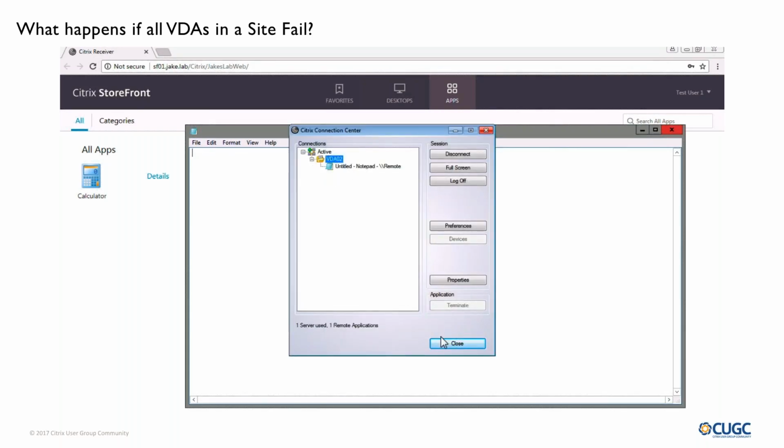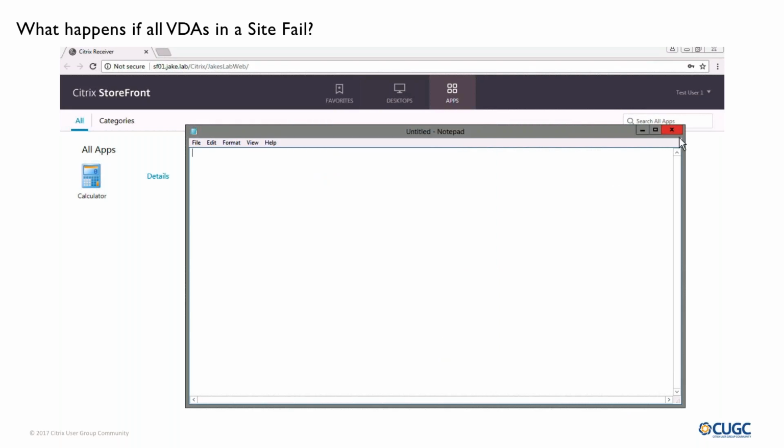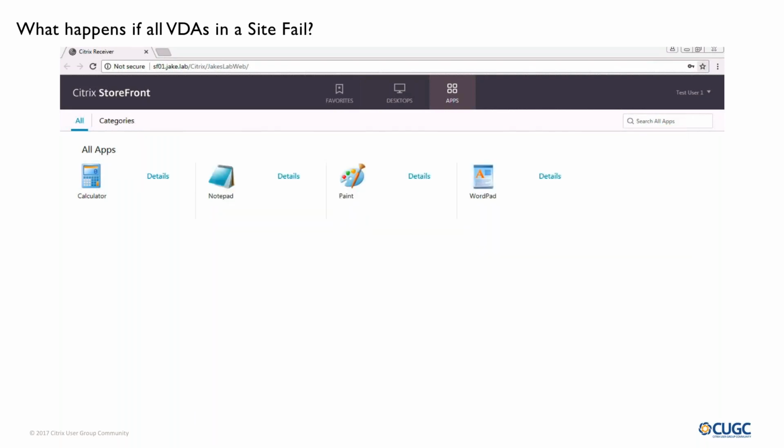So even without logging in or logging out or back in, just re-click on our application, we've been able to get back into our app in a failure scenario. So that's quite a powerful option as well, in terms of giving your end users a seamless experience where even in a failure situation, their apps still launch as they would normally expect. So that's just another good example of this type of configuration.